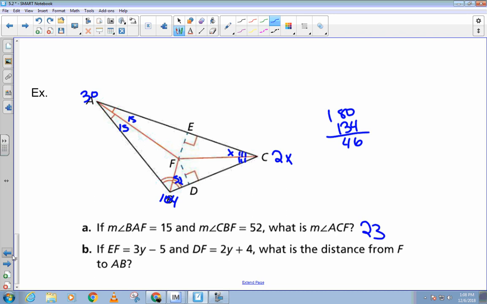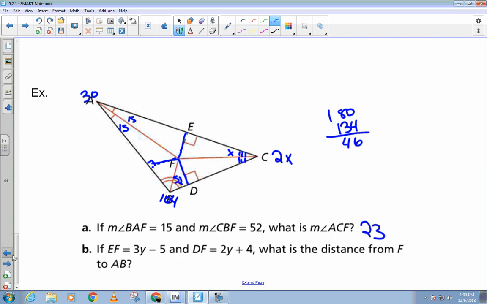Last one. EF is 3y minus 5. DF is 2y plus 4. What is the distance from F to AB? F to AB would be the perpendicular distance right here. So what'd you say? It's the center, so all these distances here are equal, right?